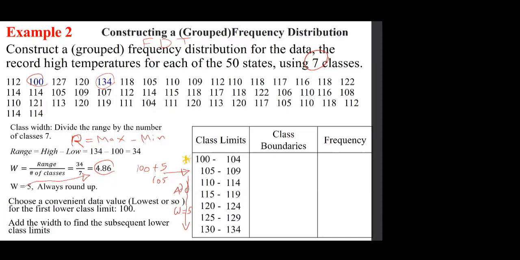The width using the same class is defined as upper limit minus lower limit plus 1 unit. I want you to pay attention to this formula I'm giving you. I'll put that in your formula sheet as well. The width is the upper limit minus the lower limit plus 1. So you have the width, but you don't have the upper limit yet.